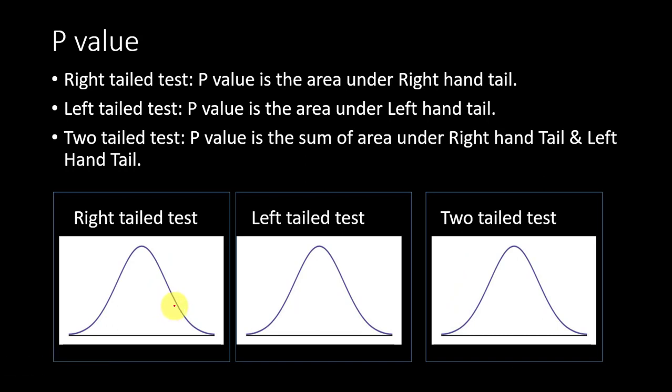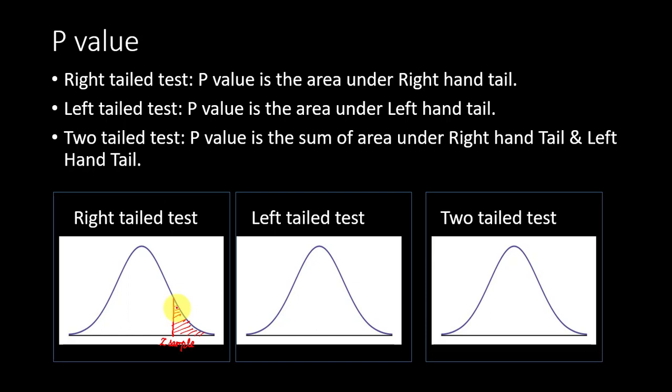So what is the p-value in this case? If this is the z statistic of sample data, p-value is the area under the right hand tail, that is this. Why is this the case? Since the area under the right hand tail represents the probability of obtaining a more extreme value.